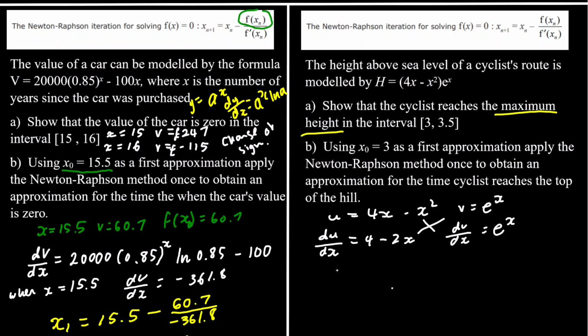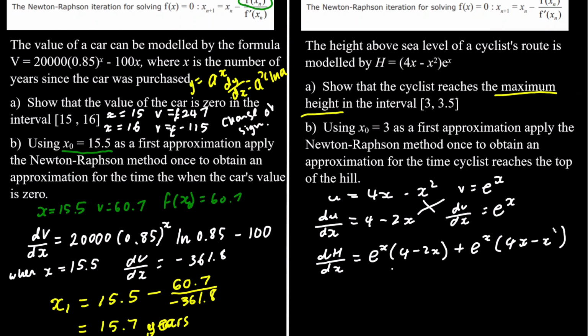So dh/dx is e to the power of x times 4 minus 2x plus e to the power of x times 4x minus x squared.